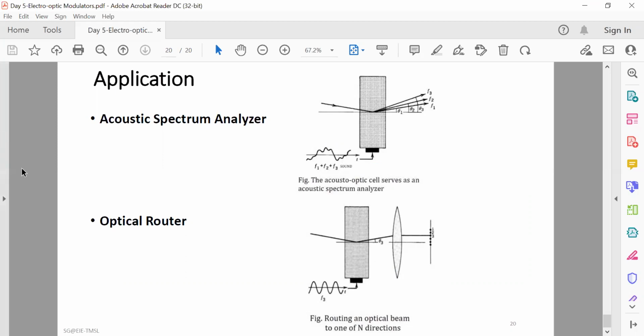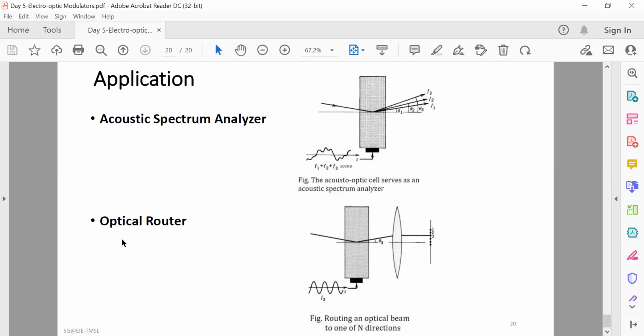Another application is the optical router. Here an acousto-optic cell can be used as an interconnection optical switch that routes the information carried by one or more optical beams to one or more selected directions.